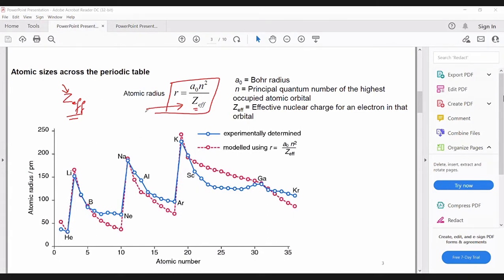So when the trend was modeled using this equation and compared to the experimental value, the trend does form some sort of model of how the radius decreases as we go around the period and groups. But what's the main factor that is causing some deviation?